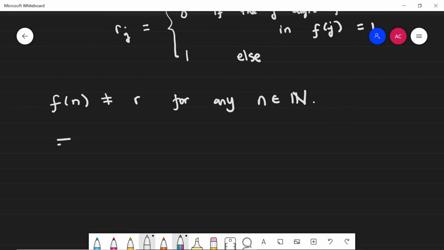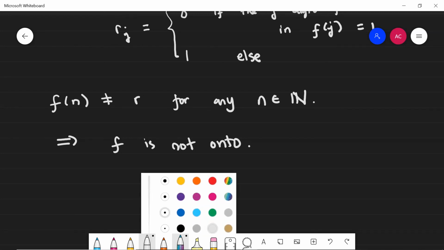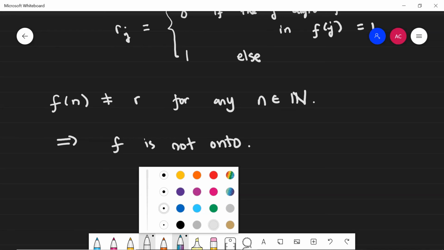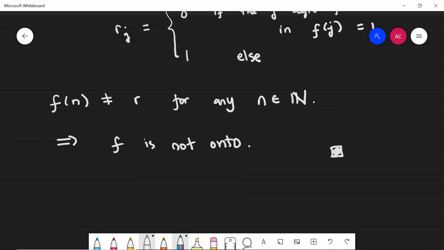So this implies that f is not onto. This contradicts the assumption that f was a bijection, and so this completes the proof. So the closed interval from 0 to 1 is not countably infinite.